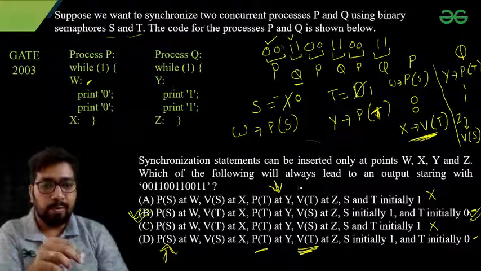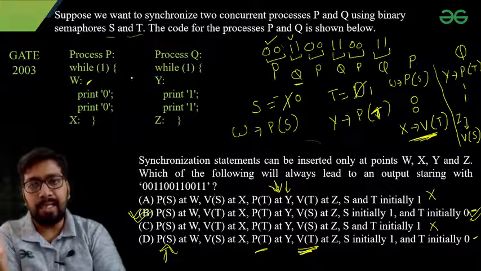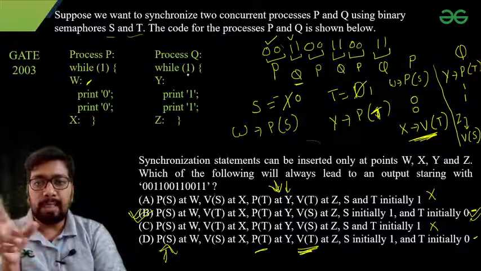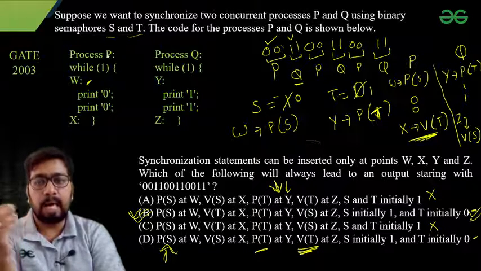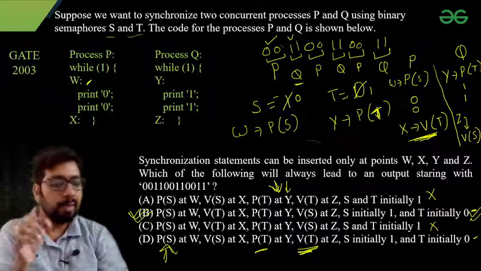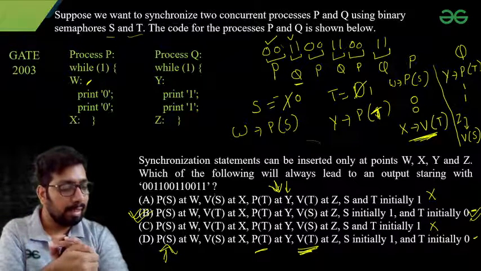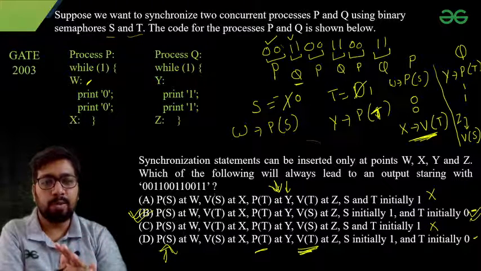Here you can see Y is T, so it should be incremented by P, and in strict alternation, the value of the semaphore S, which is decremented by process P, must be incremented by process Q. So that is strict alternation. Yes, Jaya Dubey, the answer is B. So I hope you understood this question.